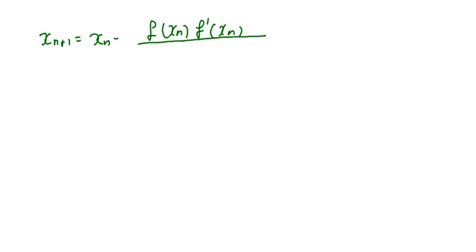It's basically x sub n plus 1 is equal to x sub n minus f of xn multiplied by f prime of xn, divided by, here I'll use square brackets, f prime of x sub n, close the square, squared, minus f of xn multiplied by f double prime of xn, like that.